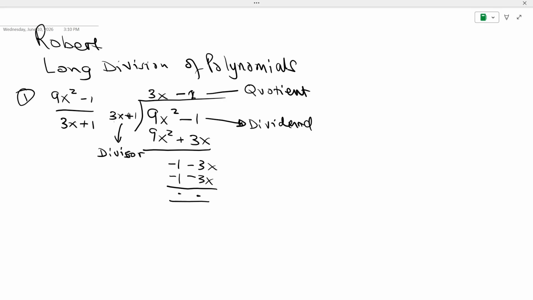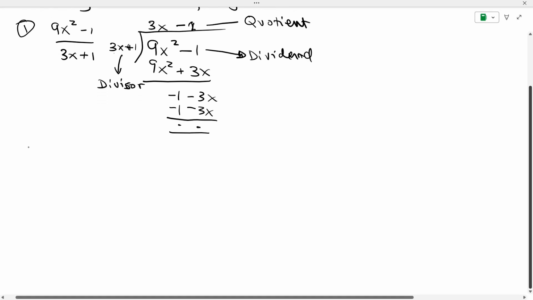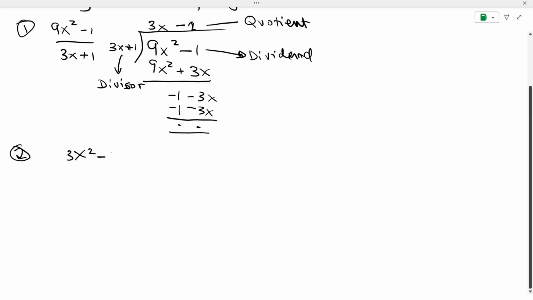So let's look at another example, probably a little bit more complex, but nonetheless doable. Let's suppose you are given a much longer polynomial: 3x squared minus x plus 1 minus 2x cubed plus 3x to the power 4.